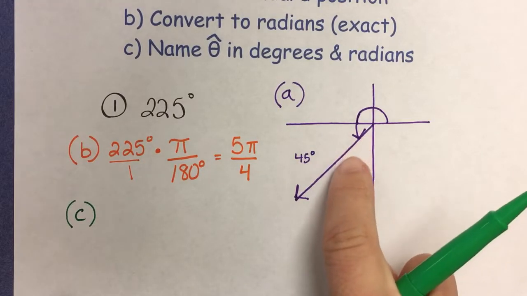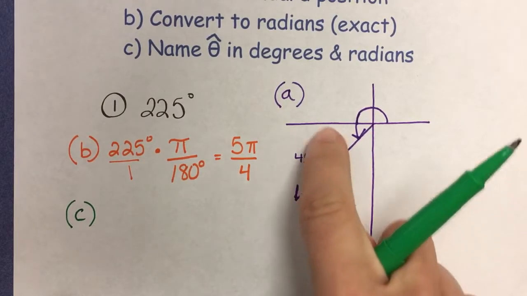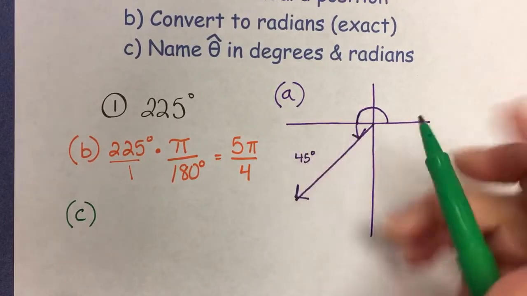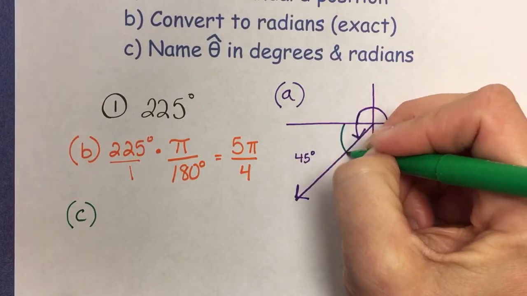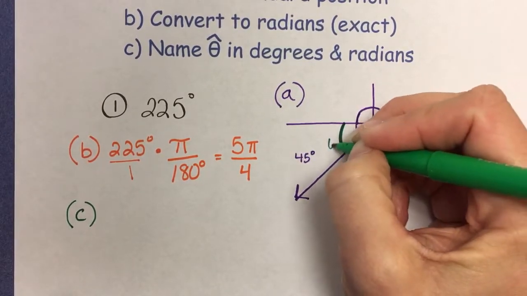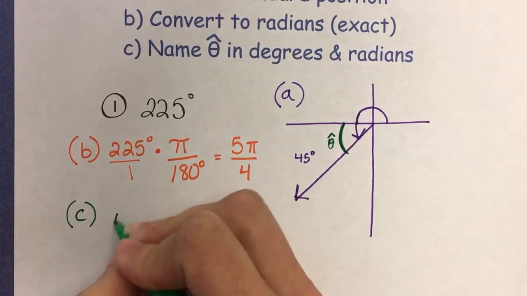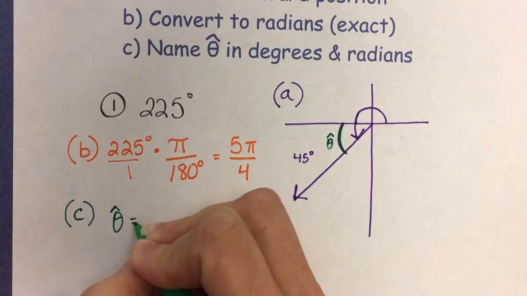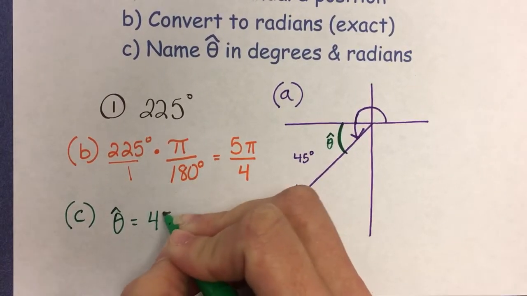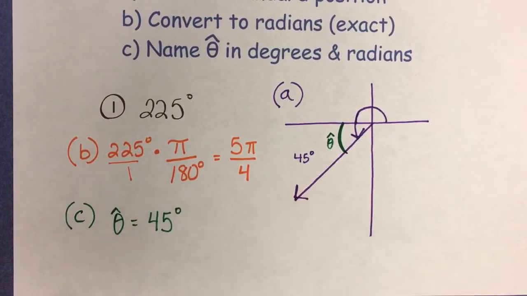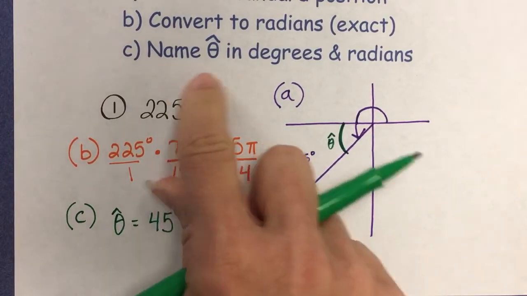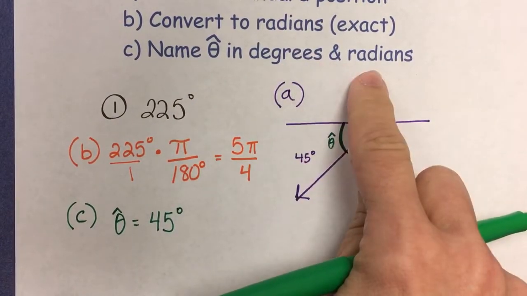Well, the line that I drew here is the terminal side, and then of course here is your x-axis. So this area from here to here is the part that is your reference angle, okay? So reference angle would be 45 degrees.